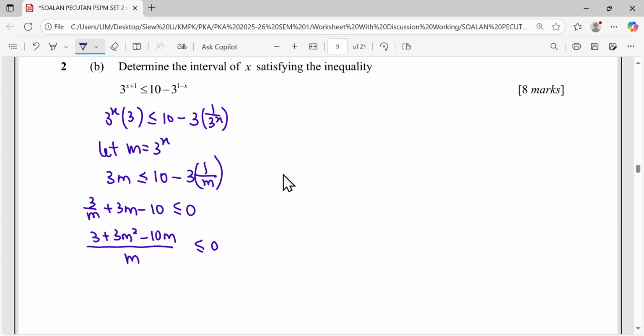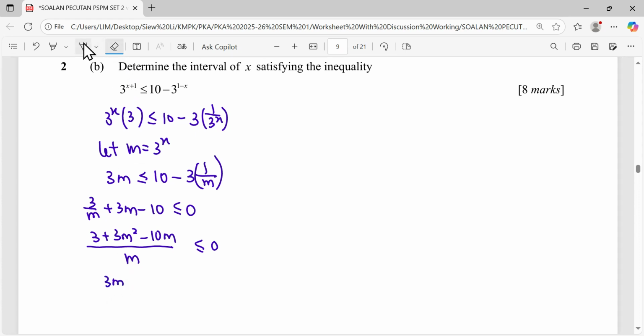So make it rational. This is rational. A fraction. The unknown stays at the bottom, rational. Or move to the left, solving in a rational way. Okay? Solving in a rational way. So what's a rational way? If you have a quadratic here, you have to factorize. Rearrange first.